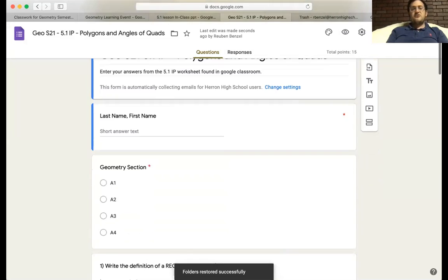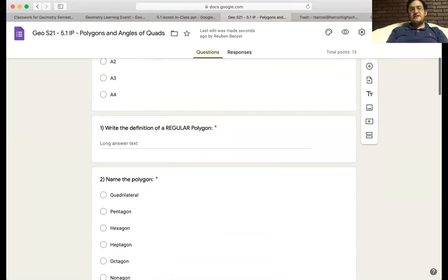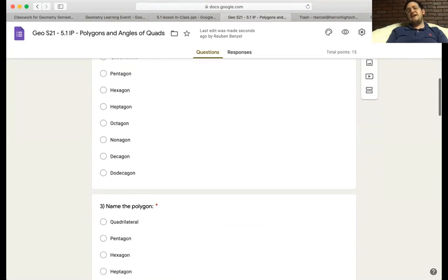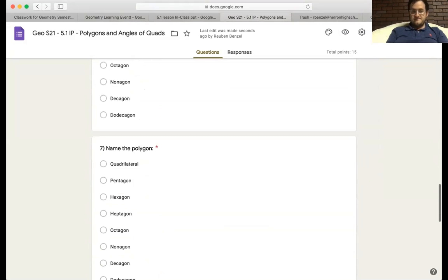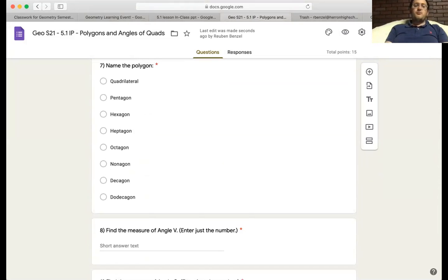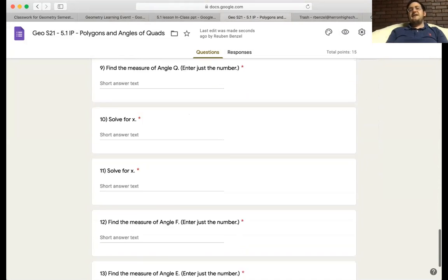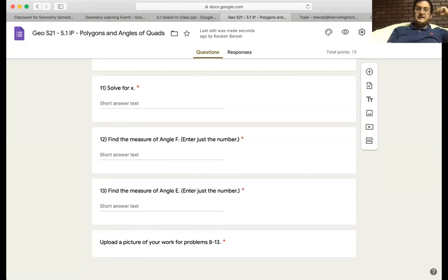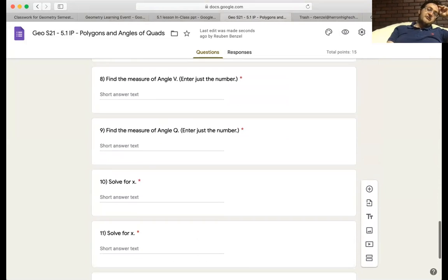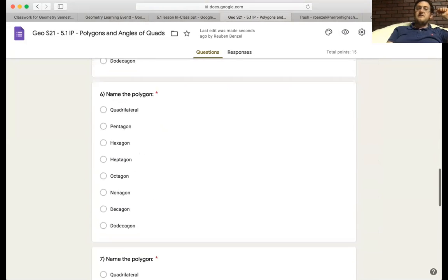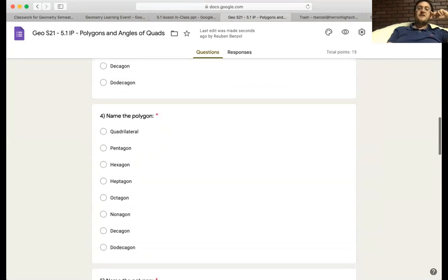You will just put your name, your section, write out the names of the polygons, and put what option they are. And then for 8 through 13, it's going to look at solving for x or finding the measure of the angle. You just put those answers in and submit. You can see how you did for accuracy.